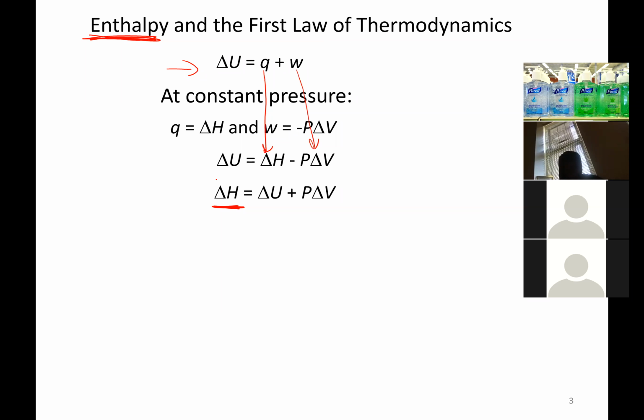So this is really telling, if nobody can tell me what a state function is. Hello, anybody? Okay.